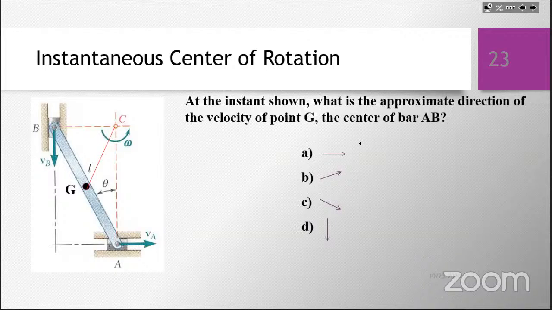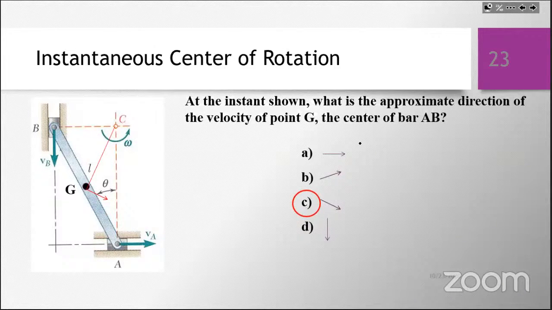Okay. Who thinks it's up and to the right? Who thinks it's down and to the right? Okay. Who thinks it's just down? It's down and to the right, right? How are we supposed to know that?